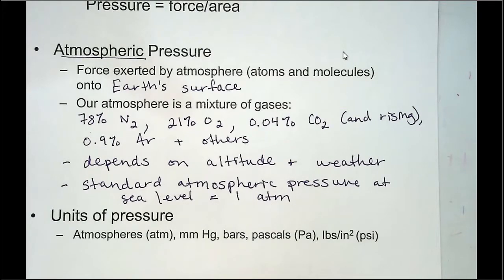Okay? Why is this important? It's important for a lot of reasons. One important one that you probably saw this morning is weather. So the temperature that you see in a lot of ways depends on the pressure systems that are moving through. Atmospheric pressure is also important if you ever drink out of a straw.